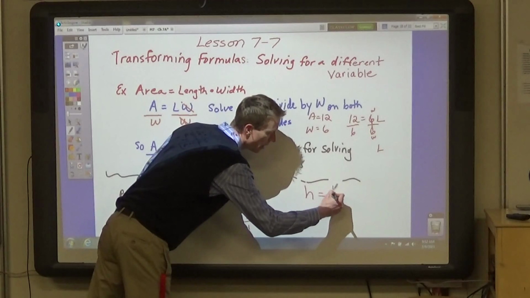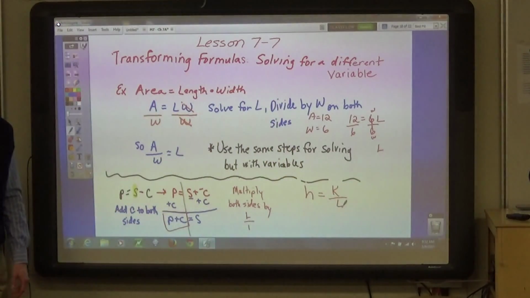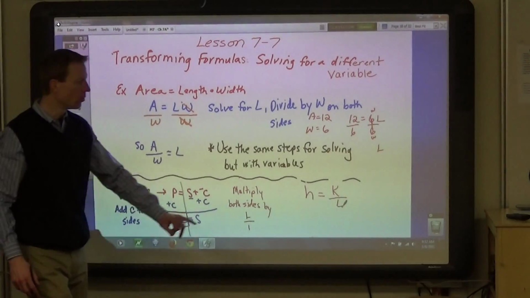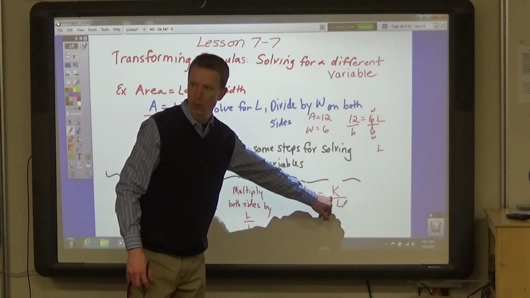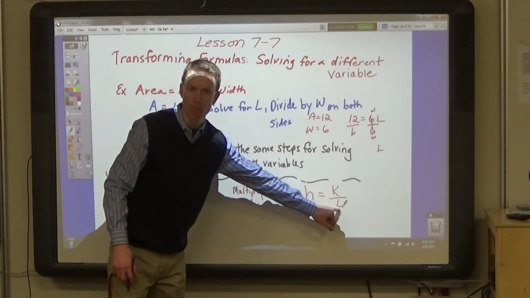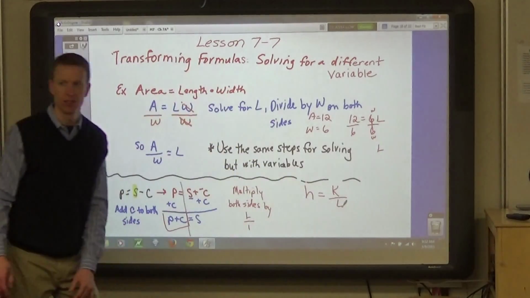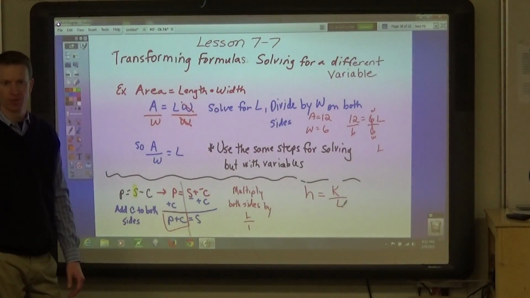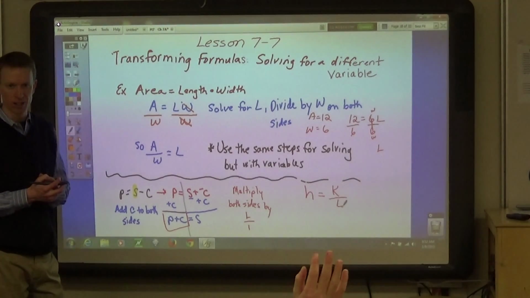H equals k over L. Now, if we are going to solve this for k, then we have to get rid of the L on the bottom line, right? So how can we cancel out the L? What would we be able to do to cross off the L?